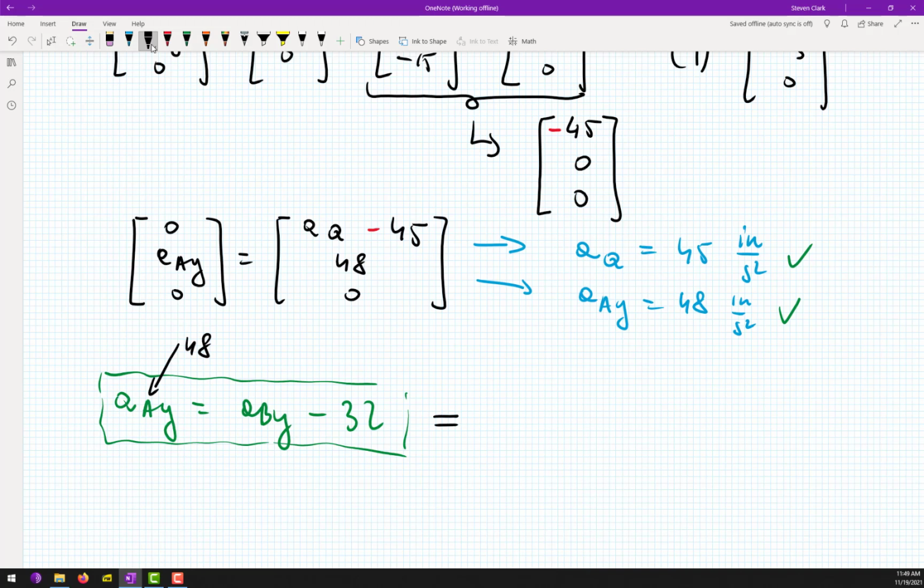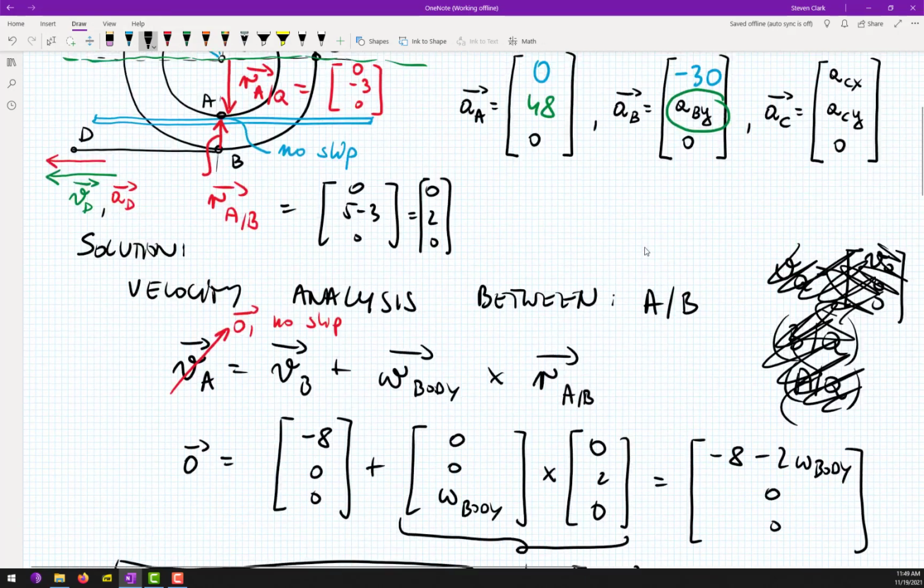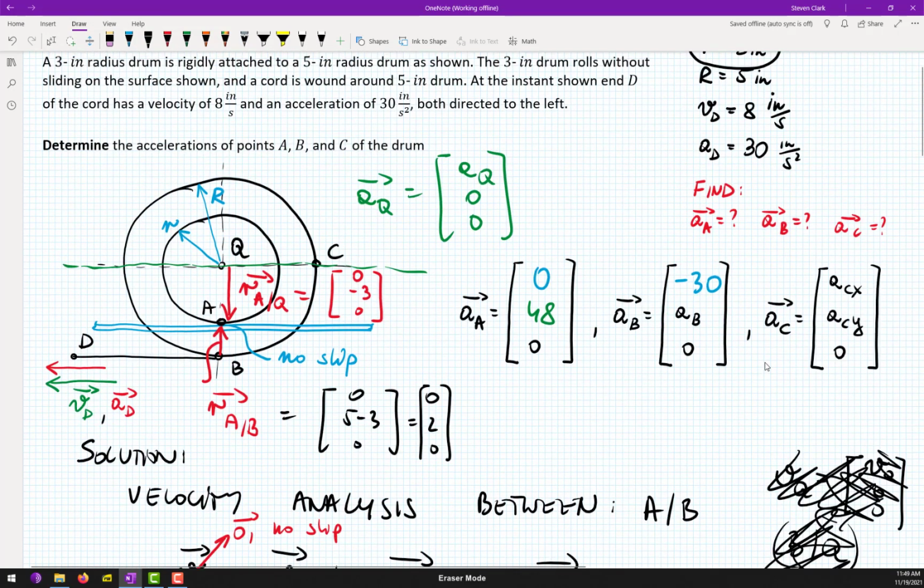So that means that a_BY will be equal to 80 inches per second squared. Great. So this will be 80. Okay, and we are left with these two values right now.